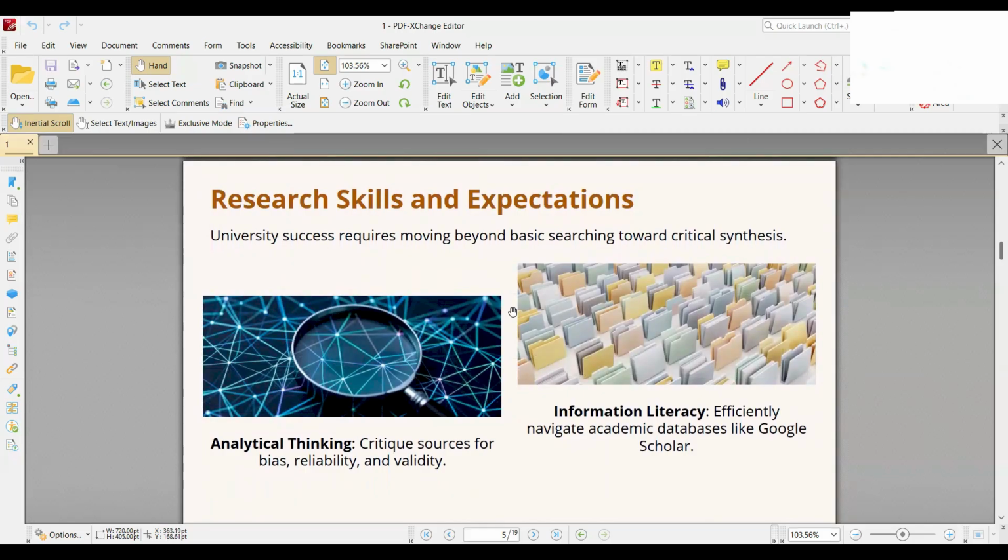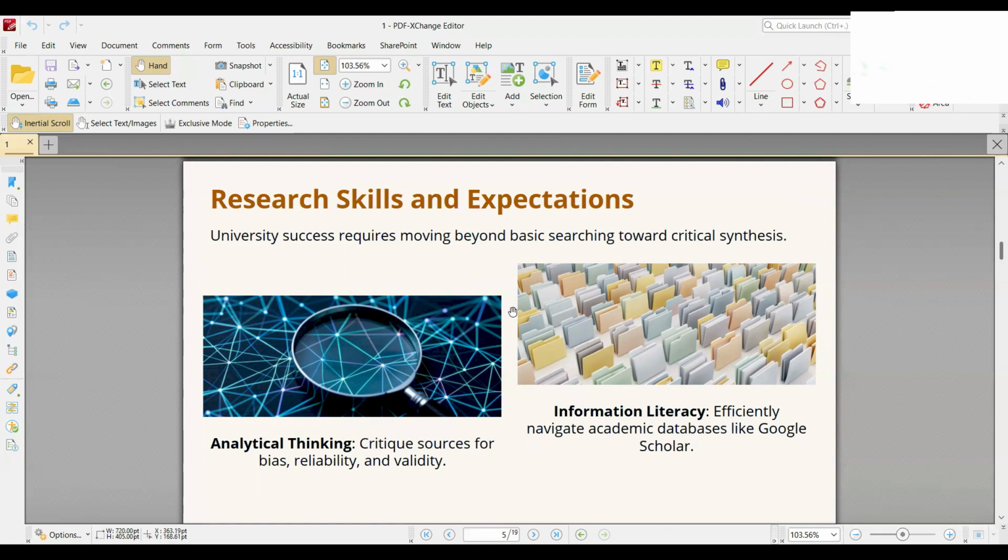Research skills and expectations. University success requires moving beyond basic searching towards critical, analytical thinking, information literacy.